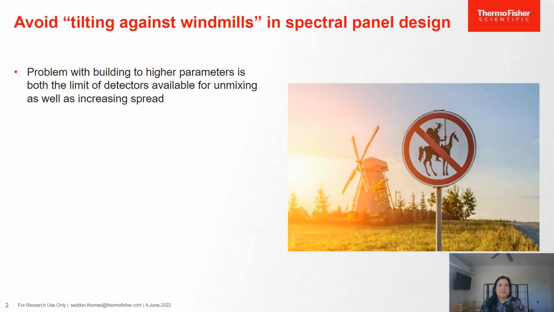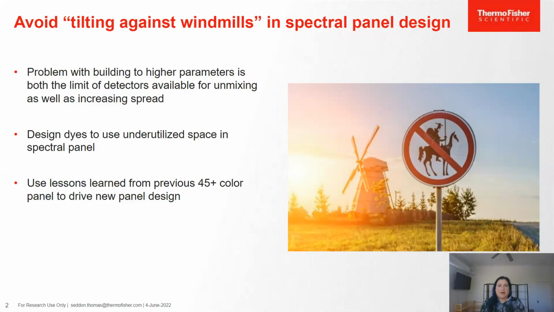So the problem with building to higher parameters is both the limit of the detectors available for the unmixing, as well as the increasing spread. So you really want to look at what dyes you're using in terms of utilizing this underutilized space. When you look at a spectral panel, there are a lot of spots that are really not used.